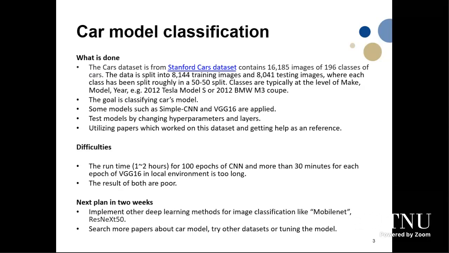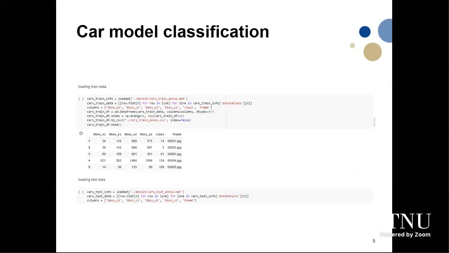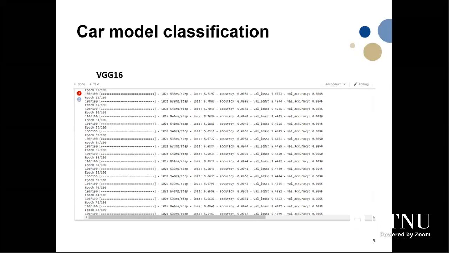We found that today other groups used the residual network. Here we also added MobileNet, which will be much faster to run on the data sets. So we wish to get better in the future. Let's see some results. Yeah, please go to the next slide. Here is the total.